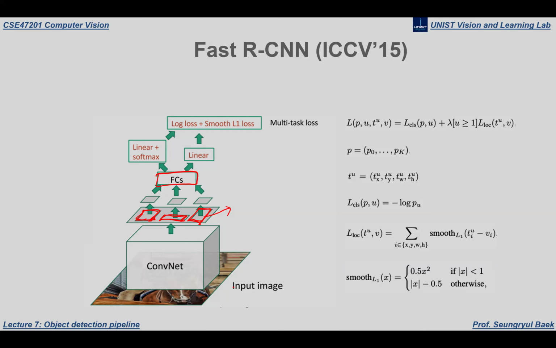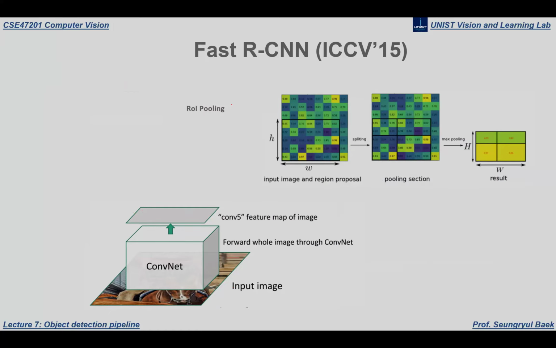We always have to define the MLP's input dimension and output dimension, which are the main parameters of the MLP. We have to fix the input and output dimensions of the MLP layer. So to make the dimensions fixed, we have to apply a special layer called the ROI pooling layer. ROI means region of interest.